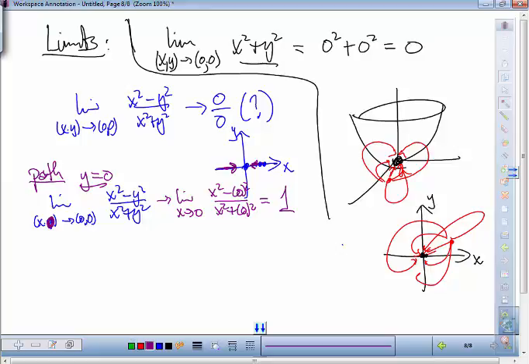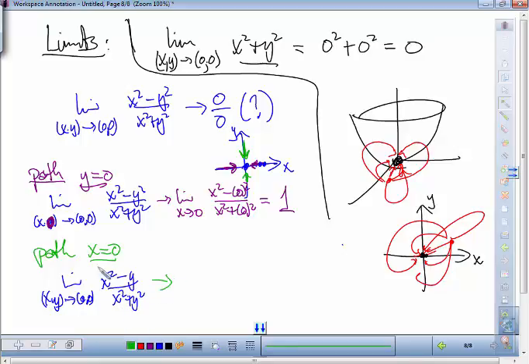Let's take a different path. This time let's take the path on the y-axis, where what is equal to what? Let's take the path x is equal to 0 and see what happens there. We would have the limit as (x,y) approaches (0,0) of your function when x is equal to 0.